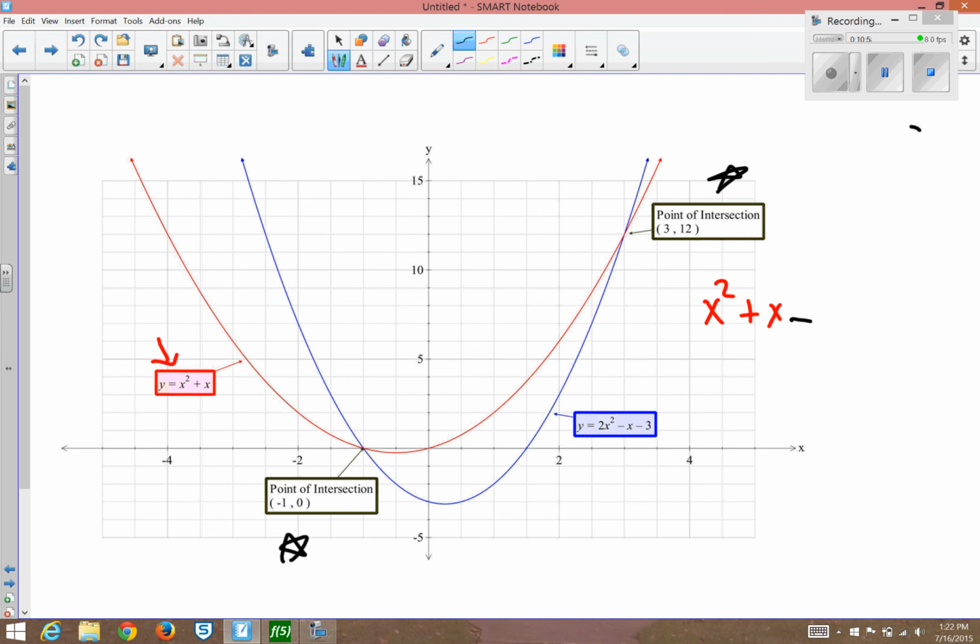In this case, the blue one is lower on this page than the red. And the blue is, in parentheses, 2x squared minus x minus 3. So we take whichever graph is higher minus whichever one is lower. dx gets attached to the end of all this.